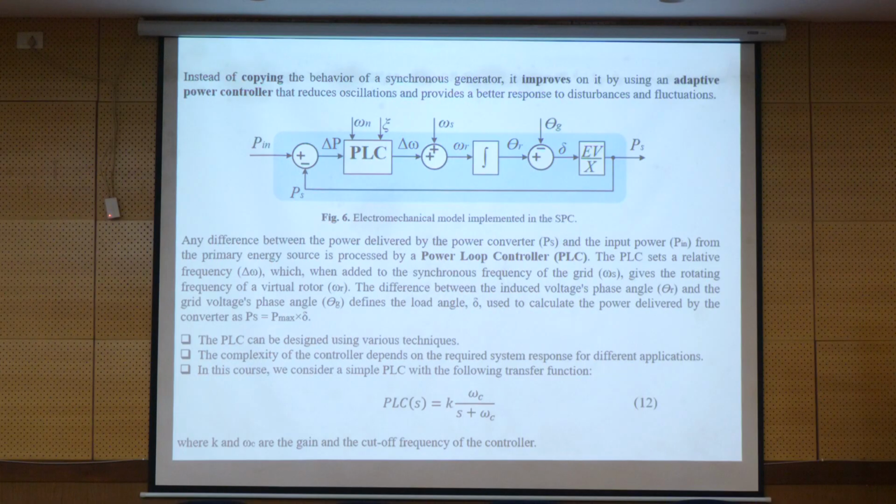For this case, we add a PLC, the power loop controller. The idea for adding this type of PLC is that it is a function where you can decide how complicated or simple it is.